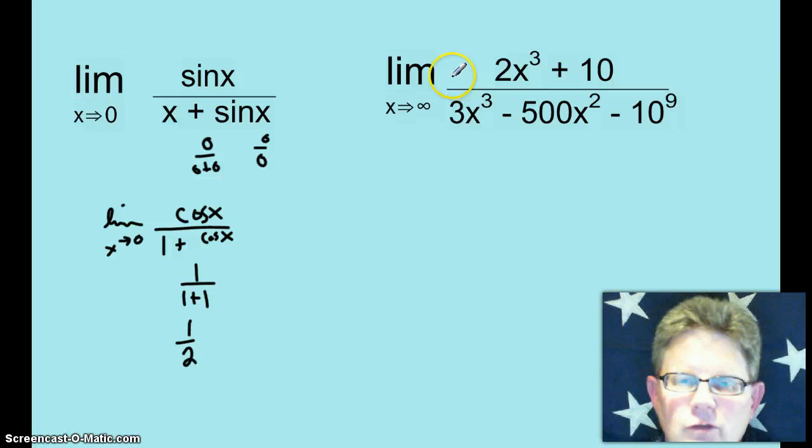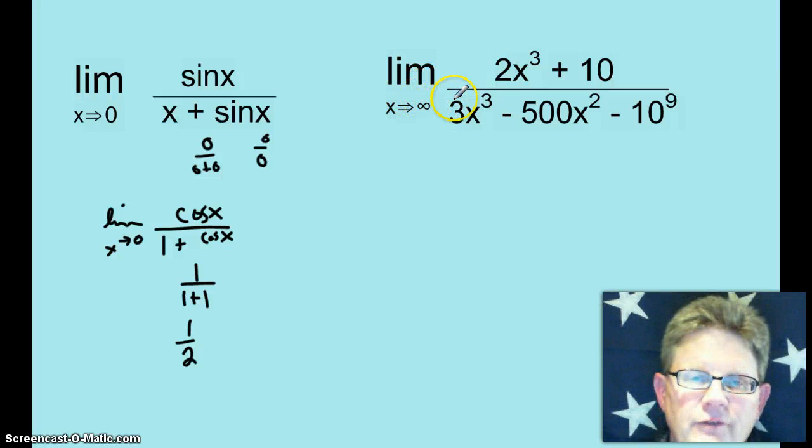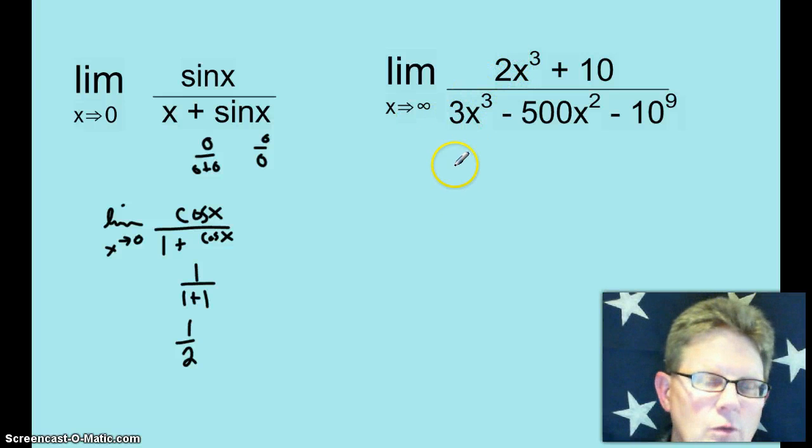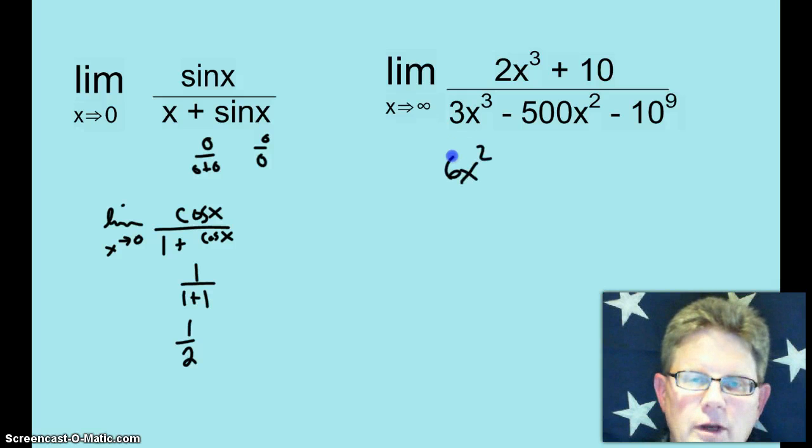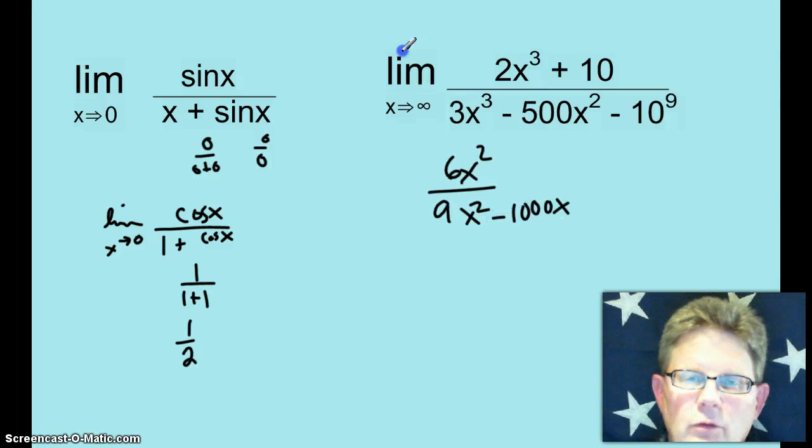Okay, the old way on this one, the limit as x approaches infinity, what is the horizontal asymptote? 2/3. Let's watch it using L'Hopital's rule. That would be 6x squared over 9x squared minus 1000x. When we replace, we still get infinity over infinity. So we'll do it again.